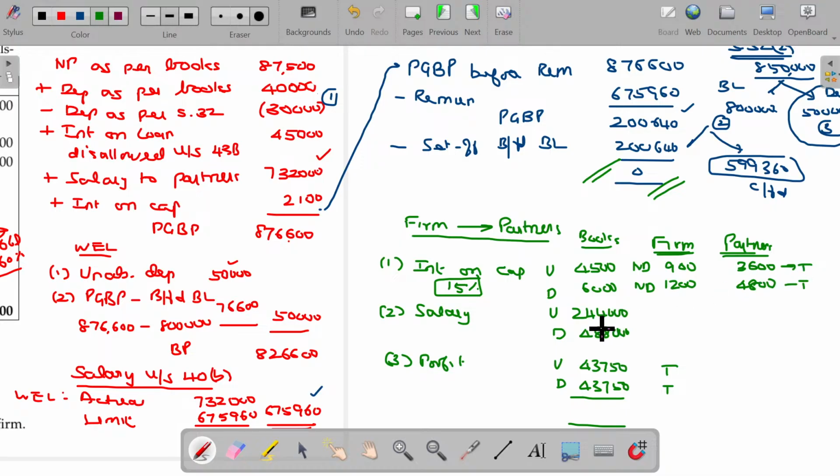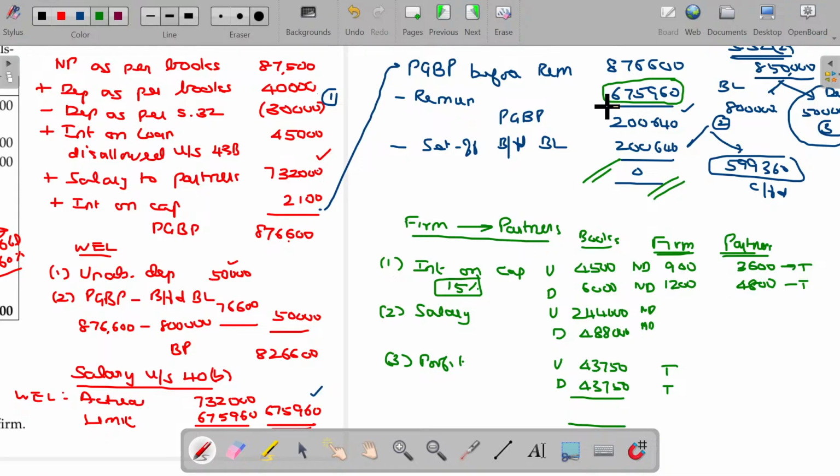Salary 2,44,000 given as per the books, originally allowed being only 6,75,960. To the extent allowed is going to be taxable in the hands of the partner. To the extent not deductible is also calculated separately. Come on, tell me.